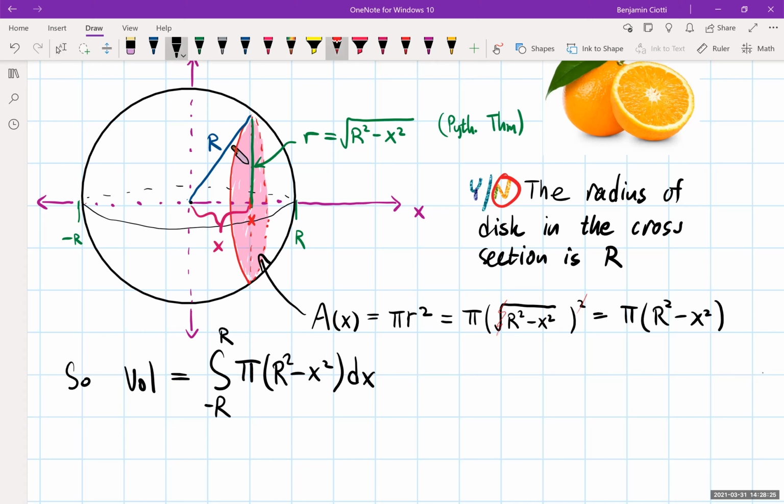So here, this right here is an even integrand. And like I said, I can explain more after I finish if you're not sure why. These are symmetric limits.